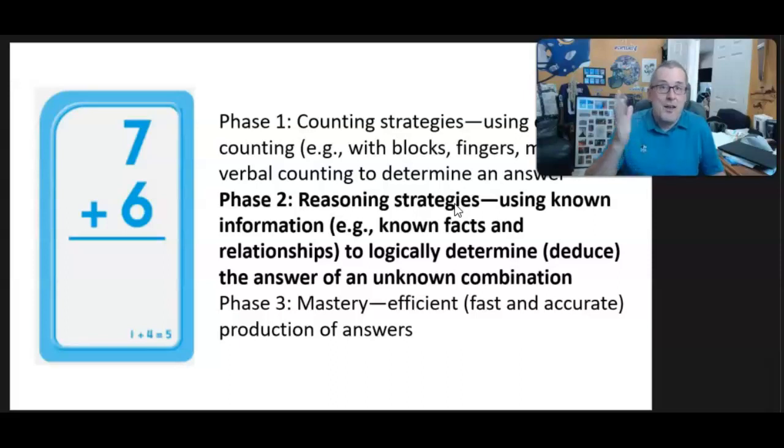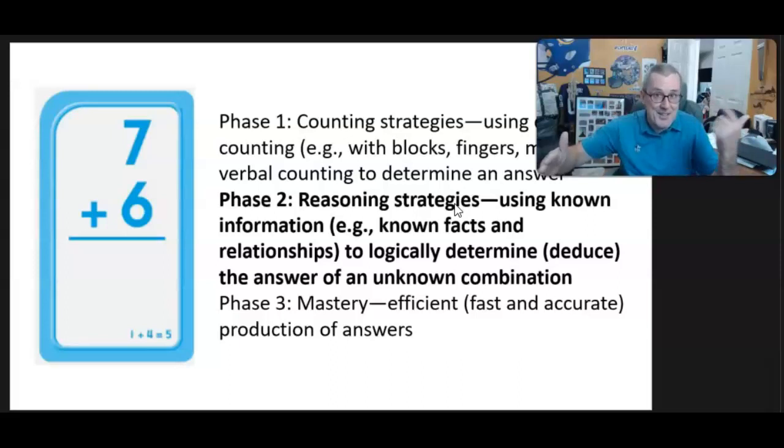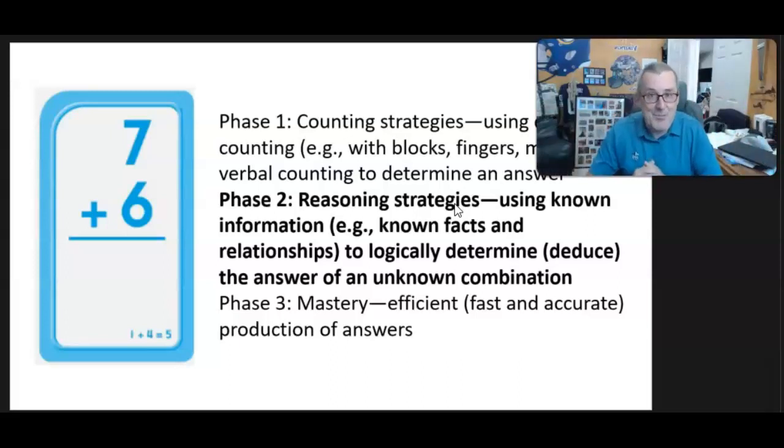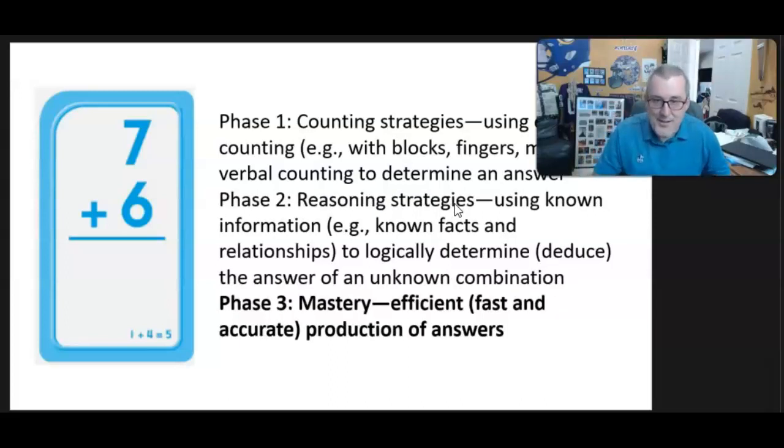So students learn with experience: 7 and 3 is 10, 8 and 2 is 10, 6 and 4 is 10. So when they see 7 plus 6, they might think in their brains that 6 is 2 3s. And then we have a 7 and a 3, which is 10, because making 10 is a strategy, plus 3 more is 13. So they might get 7 plus 6 is 13 because they're thinking 7 plus 3 plus 3. 7 plus 3 is 10, plus 3 more is 13. We're doing reasoning strategies. And then we work on efficiency.